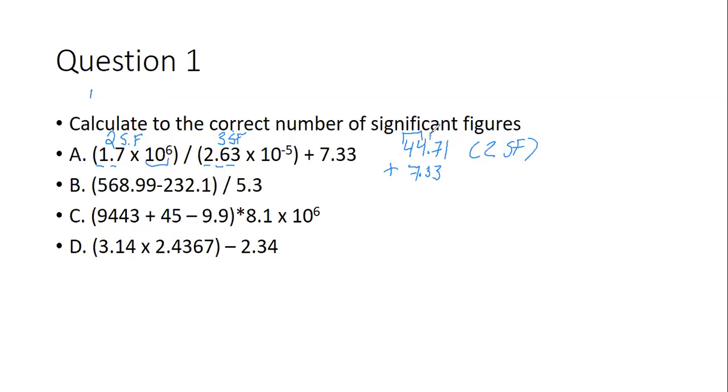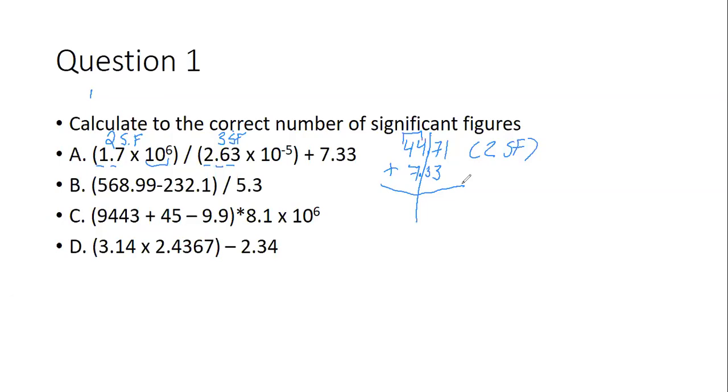Here, this might not seem intuitive based on what I just said. I'm going to draw the line after 44, because only the 44 are significant. I'm going to keep the 7 and the 1 around just to do my calculation with. But they are not significant, so I'm not going to count them in my significant figures, right?